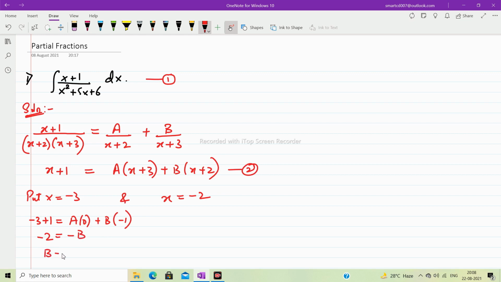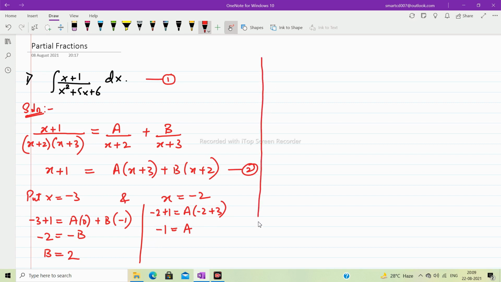So b is 2. Now if I put x as minus 2, I get minus 2 plus 1 equal to a into (minus 2 plus 3), which is 1, and b will become 0. So minus 1 is equal to a. So a is minus 1. So we get the values of a and b.